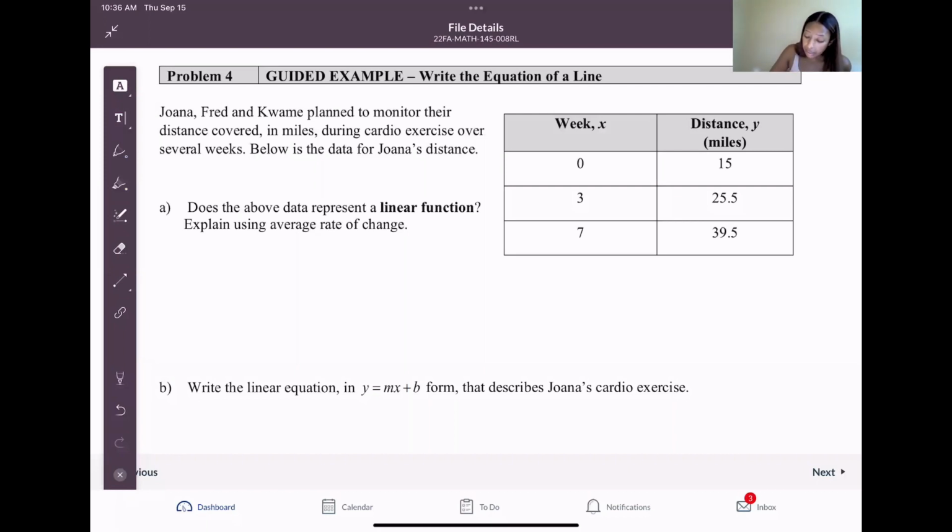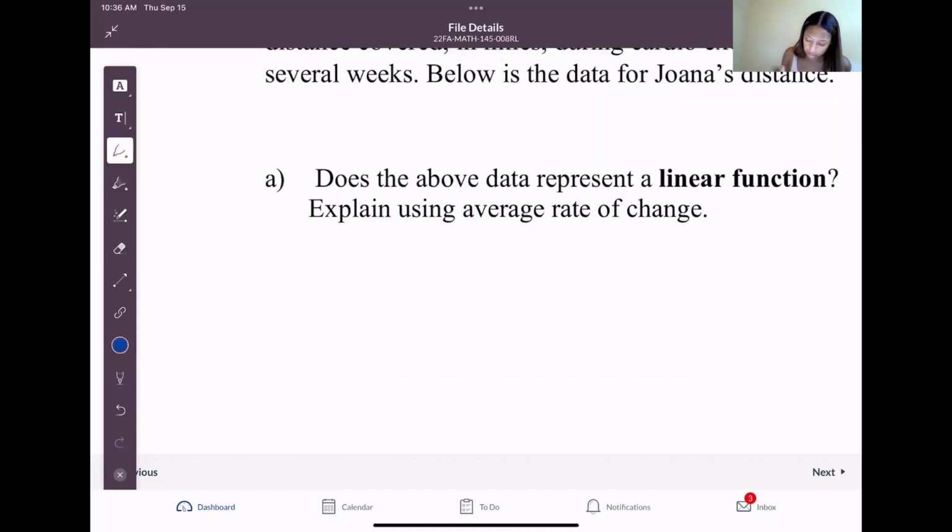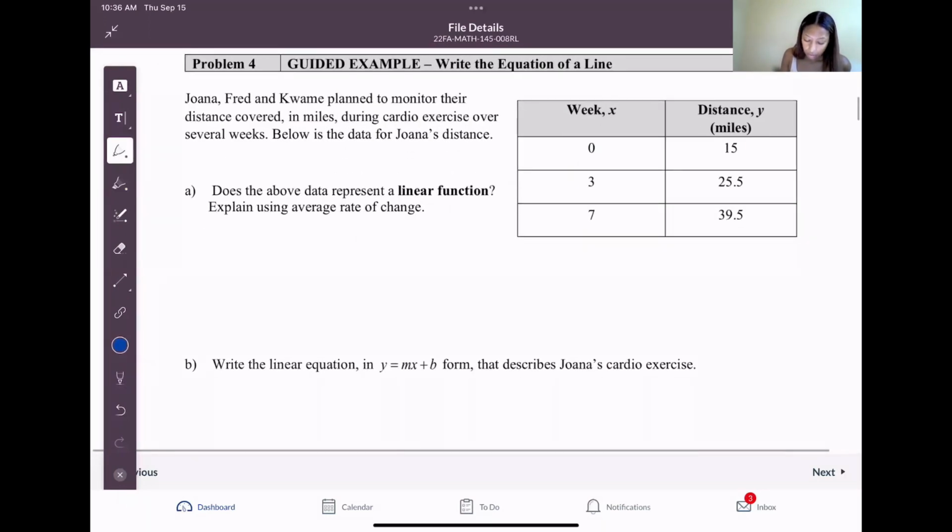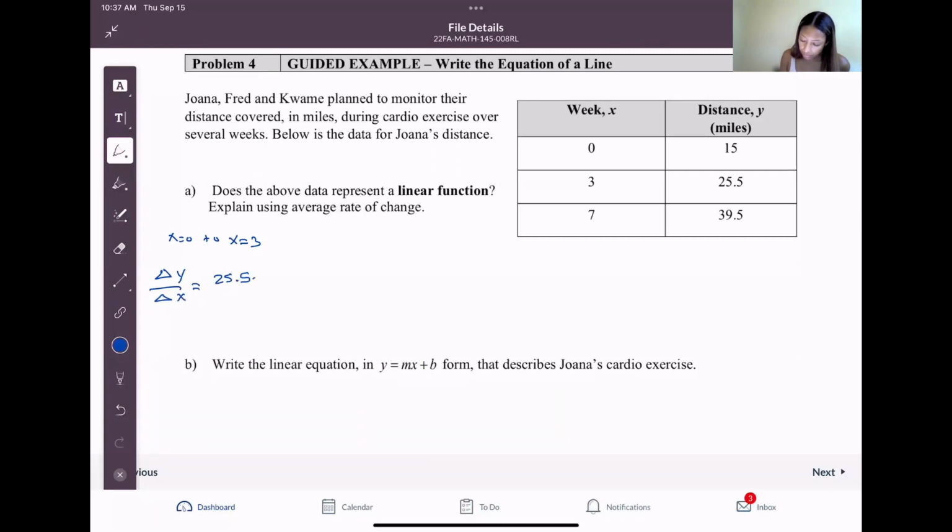So let's look here. We have to calculate at least 2 rates of change and show that they're either the same or they're different. So from x equals 0 to x equals 3, delta y over delta x is going to be equal to 25.5 minus 15 miles over 3 minus 0 weeks.